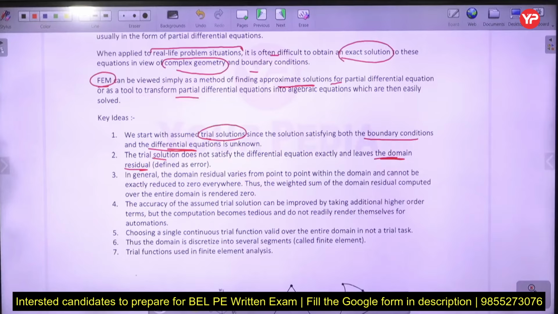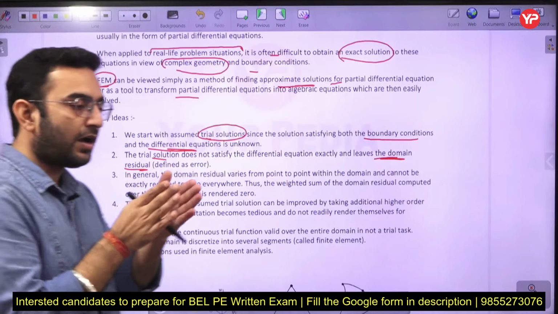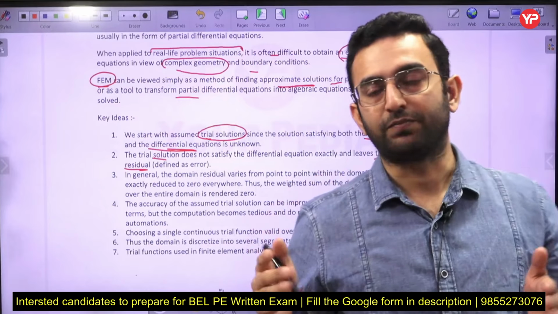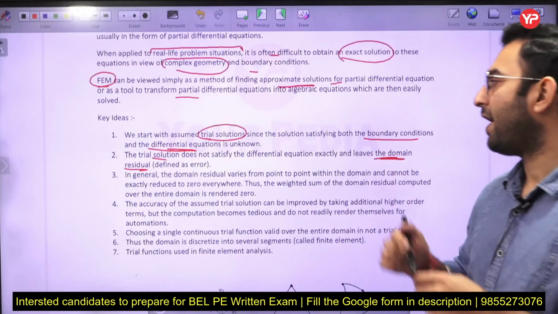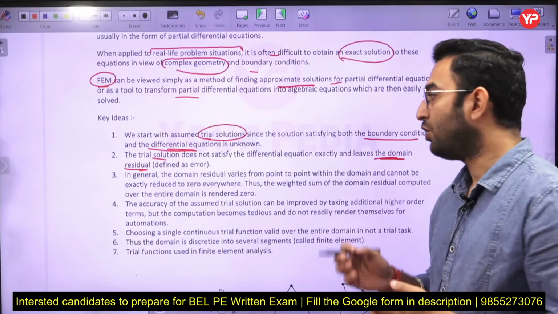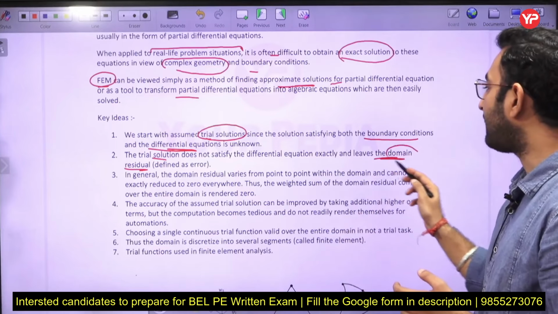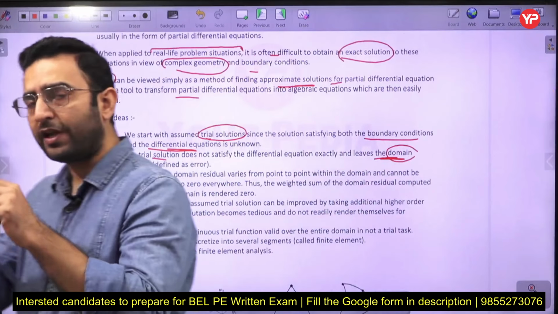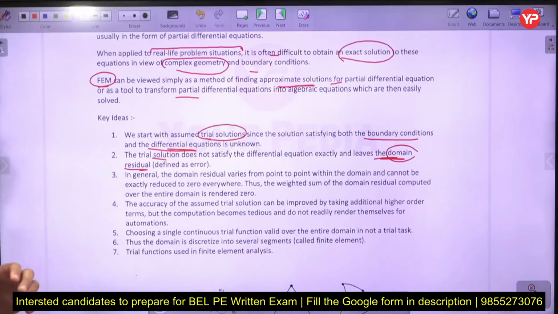Now in this case, we discretize the body into different types of elements. We have a number of node points, and at each and every node point we do our calculations. So you can see the domain residual at each node is going to be there. In the entire domain, the domain residual will keep adding up.